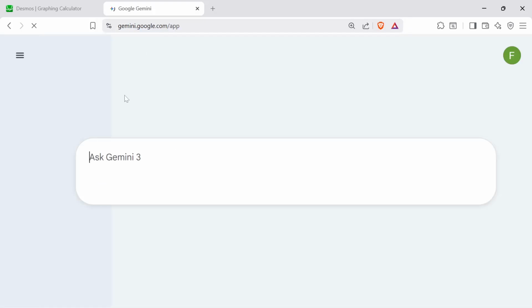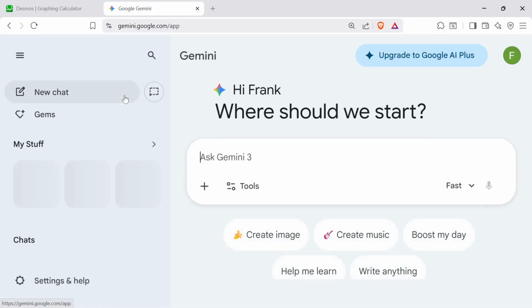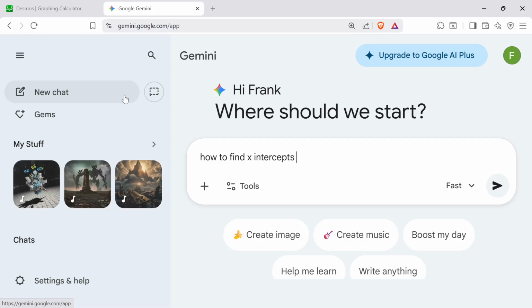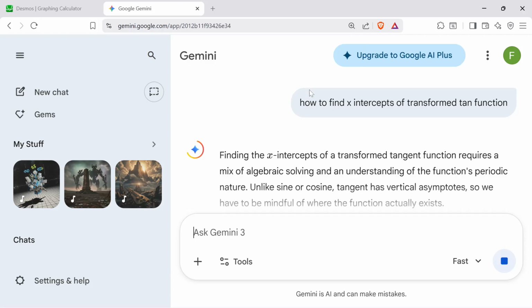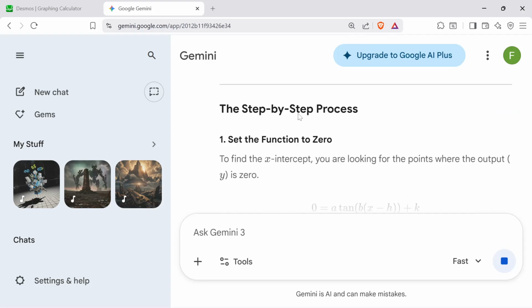All right, I'm going to go to AI. How to find x-intercepts. There's a mental block on me here. How to find x-intercepts of a transformed tangent function. There's something I'm doing wrong here, and I don't know what it is.